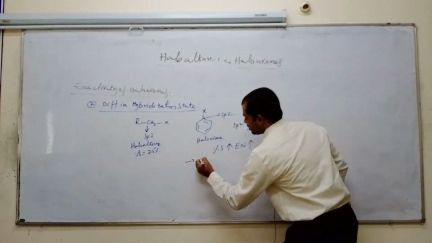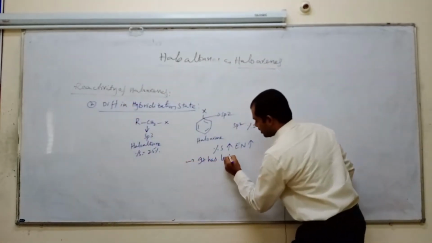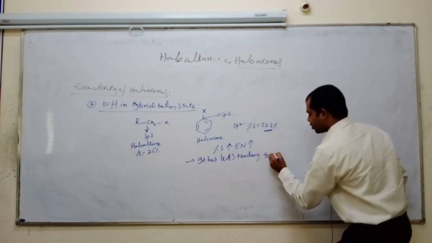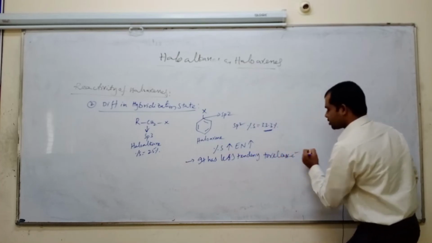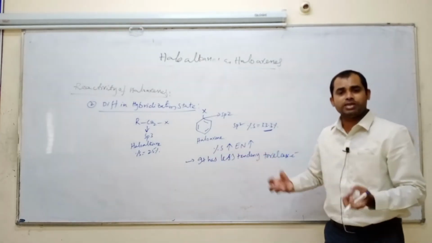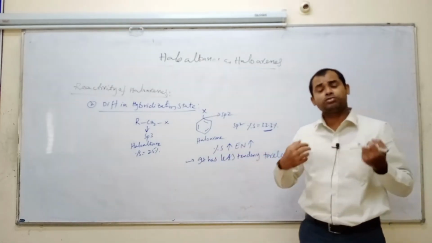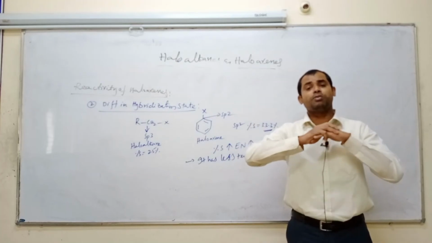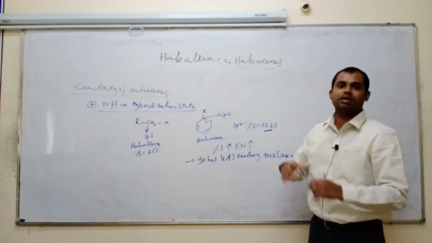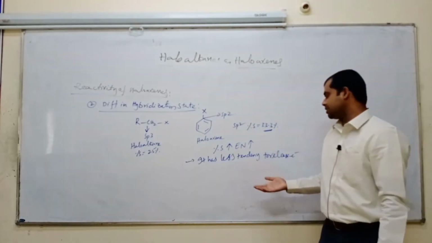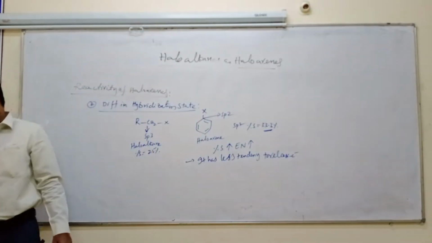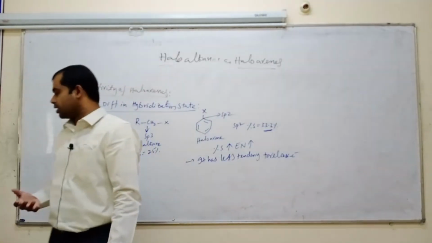Why? S character is more, so electronegativity is more, and the electron pair holds the bond very strongly. So the carbon-halogen bond is held strongly, meaning less tendency to release electrons, and bond cleavage is very difficult.